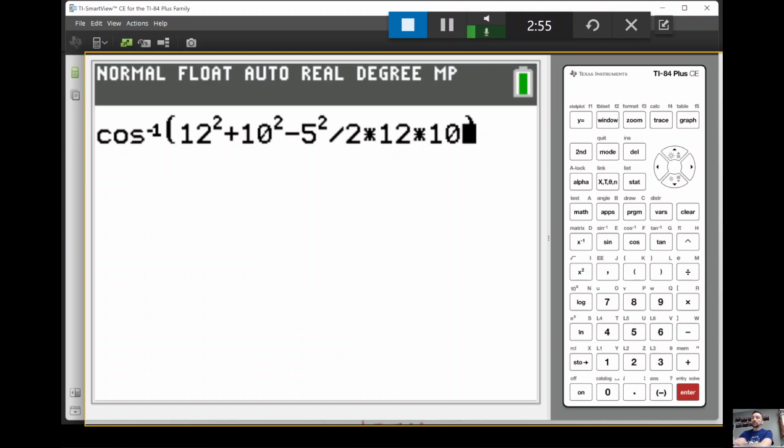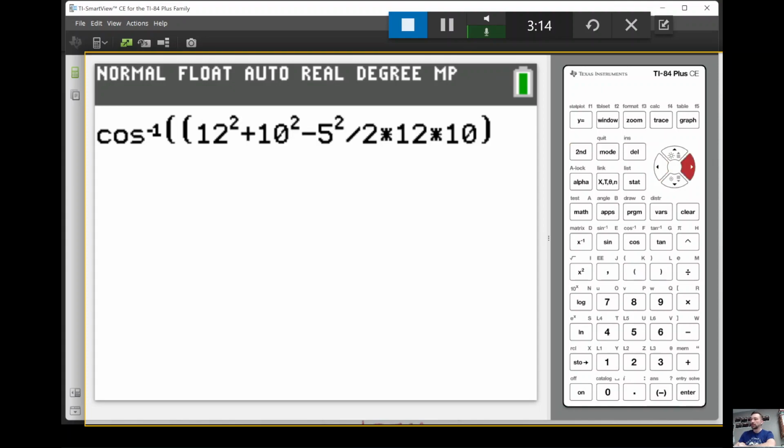It's not doing it in the order that you intend for it to do. So this is where I was trying to emphasize last time. You can either do alpha y equals to make it type it in as a fraction, and it will automatically put in the parentheses for you.